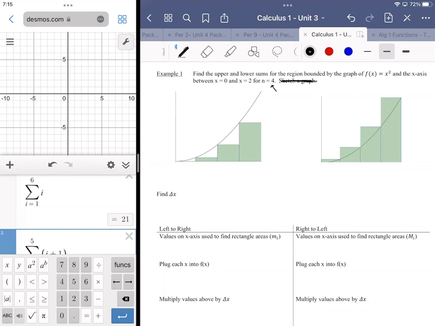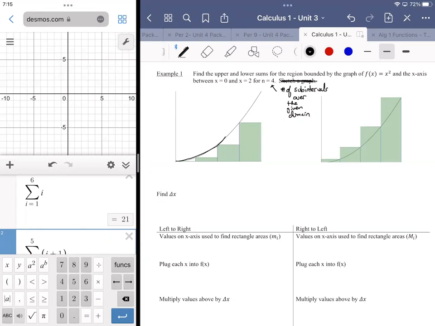But anyway, that n value represents the number of subintervals over the given domain. So what we have here is a graph of y equals x squared, or f of x equals x squared. That's what each of these curves represents.